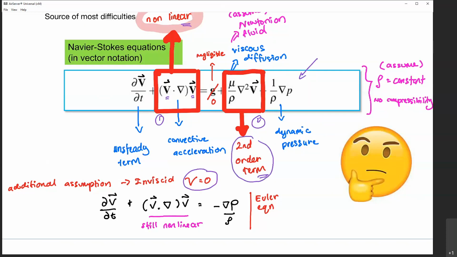Viscosity is mu, so the term will cancel out. So we are left with the unsteady term on the left, and this part over here, the non-linearity, is still there. But we can cancel out the viscous term to get this equation that is called Euler.